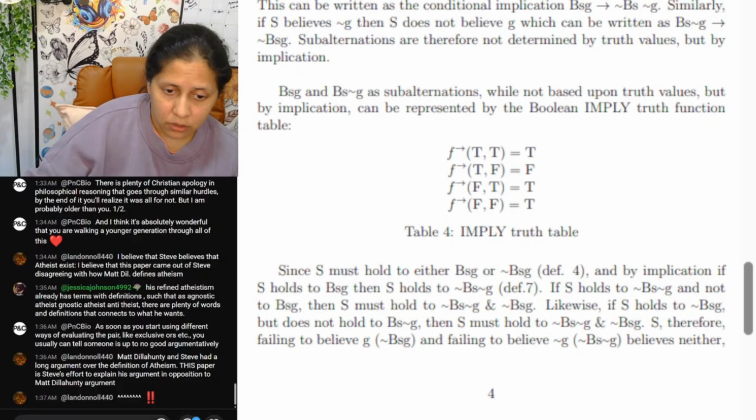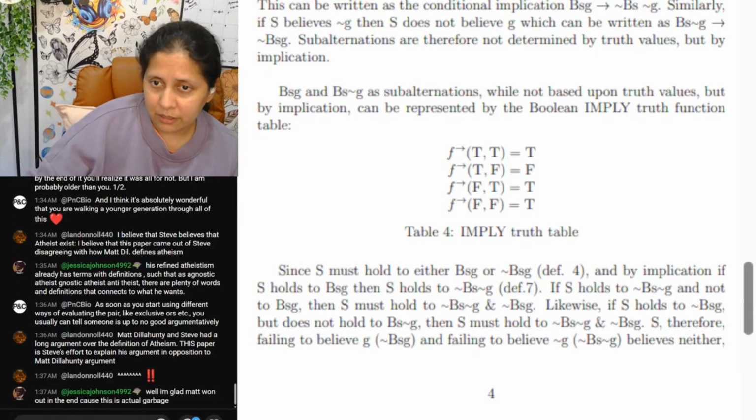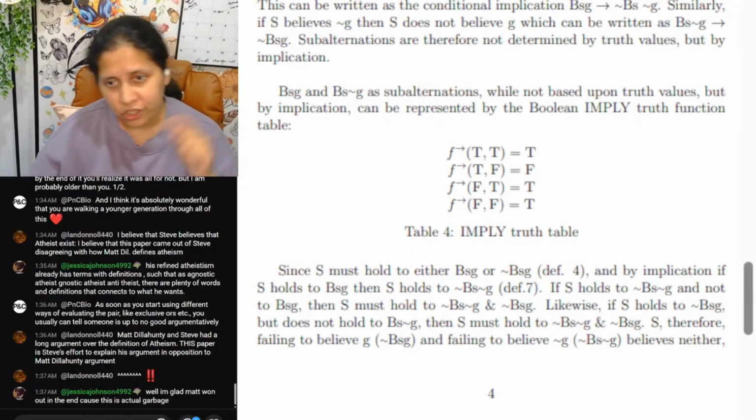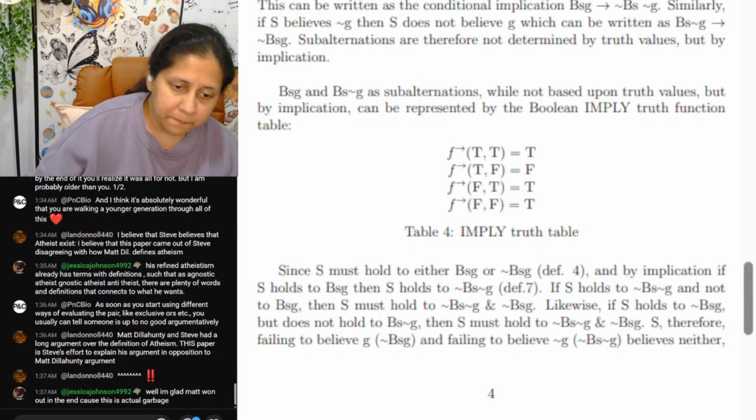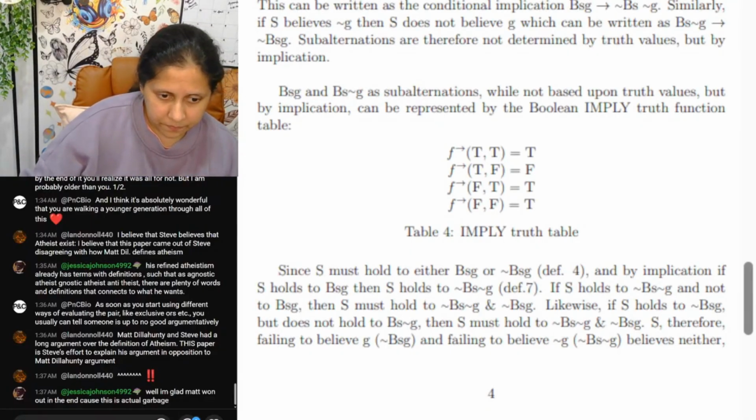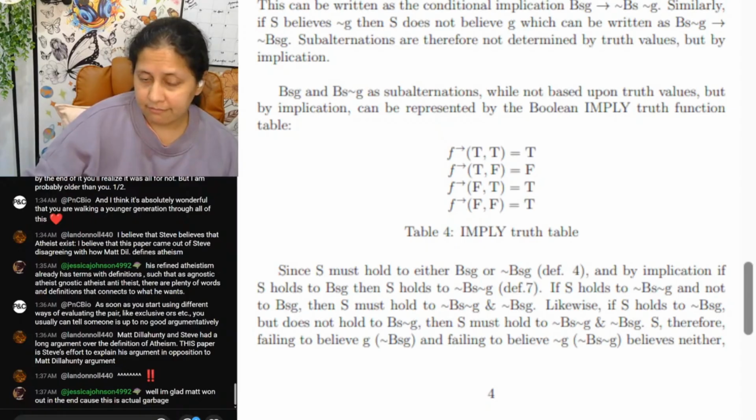Someone who does not believe God exists is not necessarily someone who believes God does not exist. It doesn't go backwards, it just goes forwards. So a person can fail to believe God exists without positively believing God does not exist.